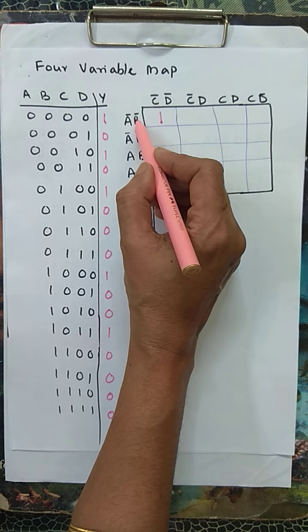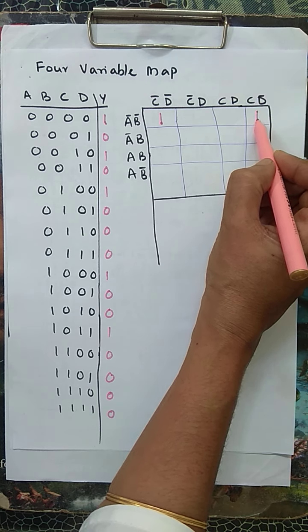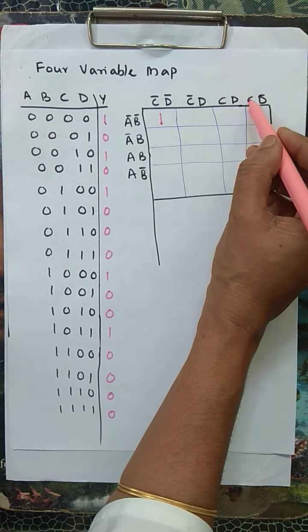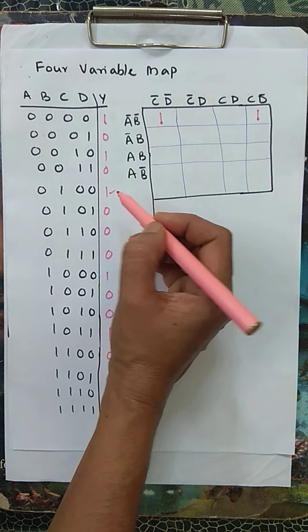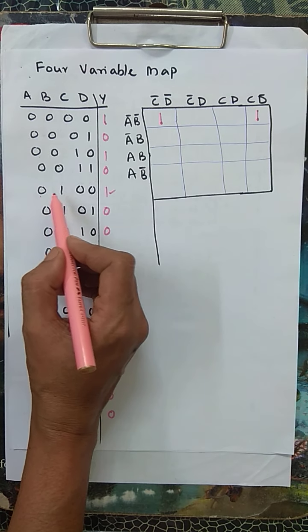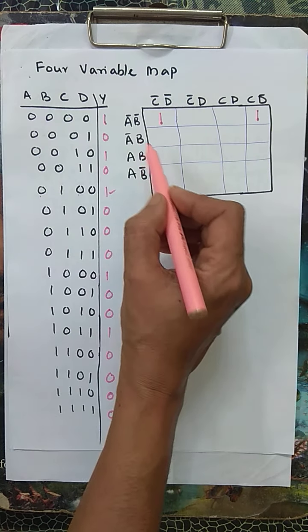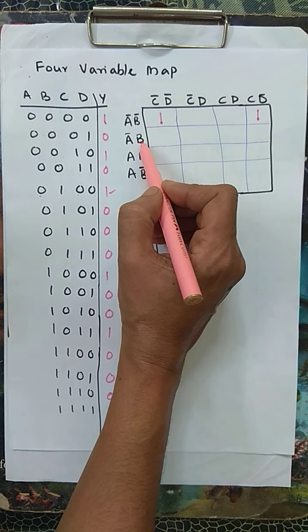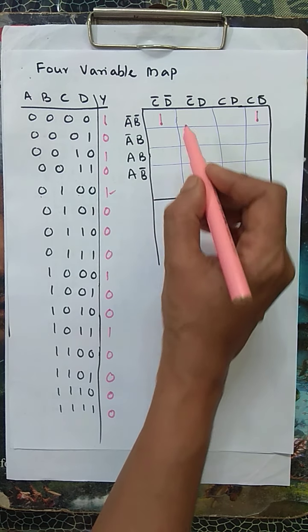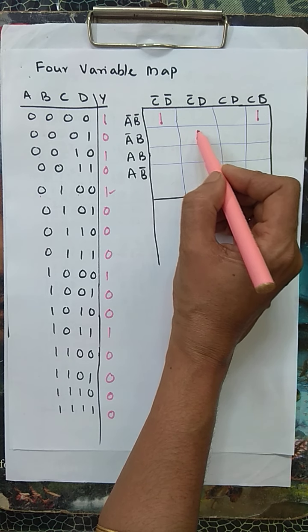So it will come here. Next is this one. That is A complement B C complement D complement. Here I'll get a 1.